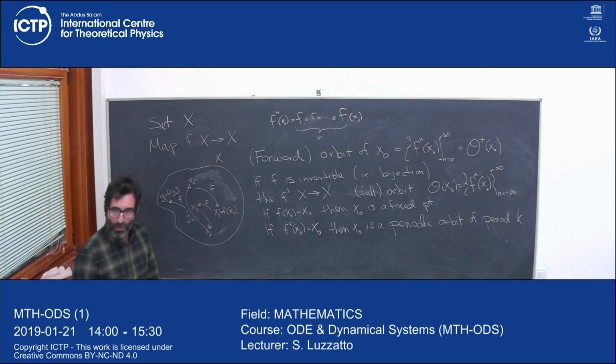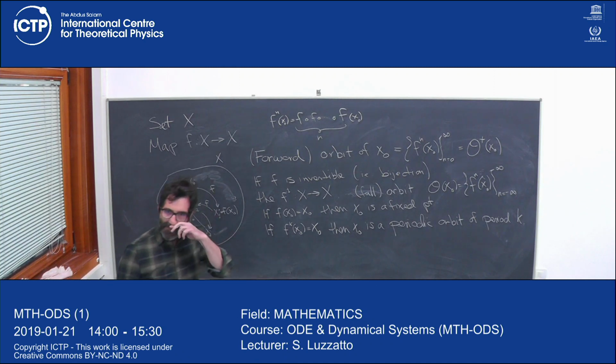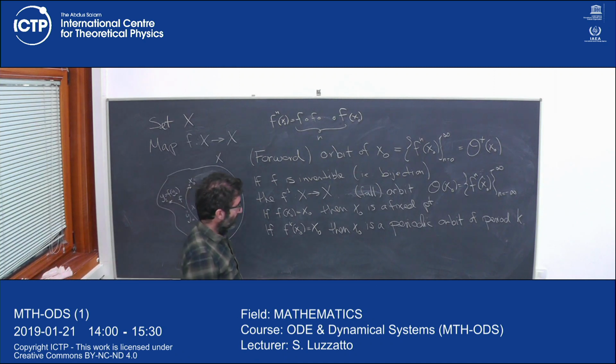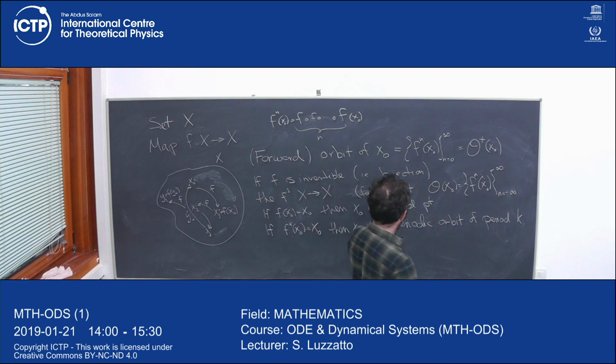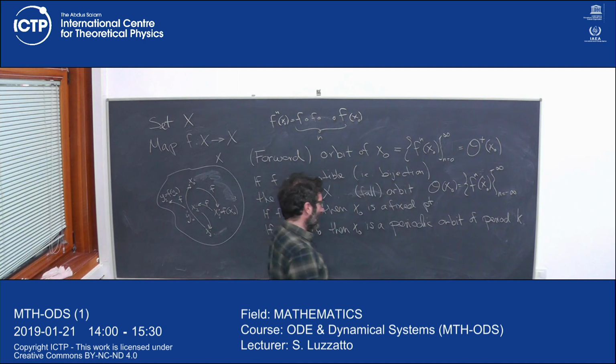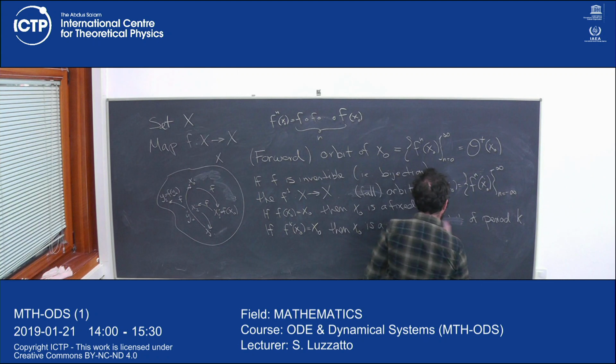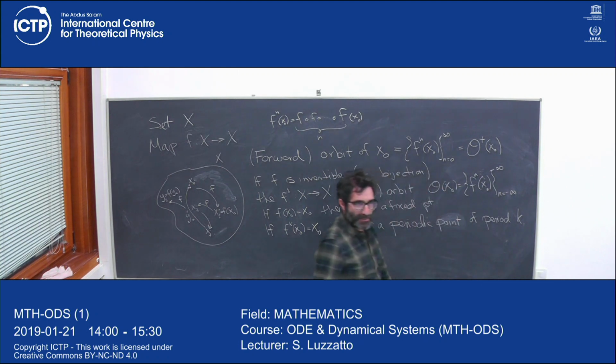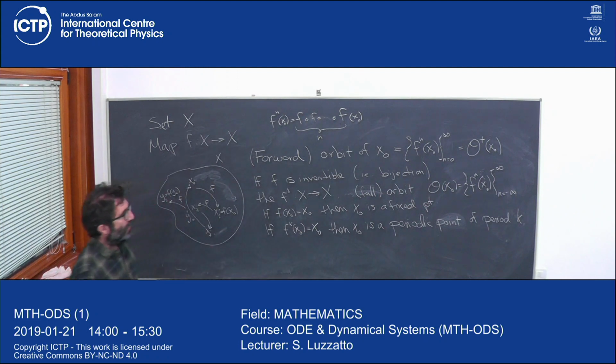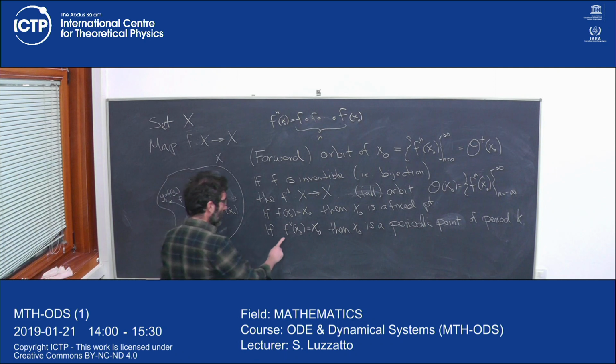Do we call x0 a periodic orbit, or we call the periodic orbit of x0 a periodic? A periodic point is a periodic point, thank you, yes. Is a periodic point, and the orbit is a periodic orbit. But do we assume k to be the smallest? Thank you very much, that's also a very good question.